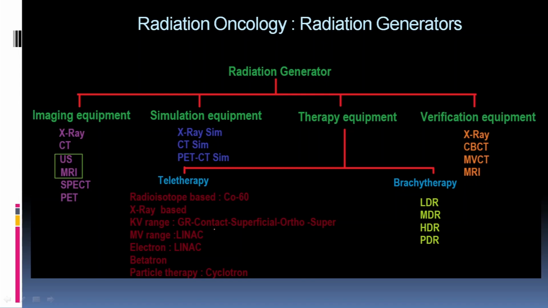This is also coming from the linear accelerator. We also use betatrons, and we also use particle therapy for cancer patients, where we use the cyclotron. In brachytherapy, we use low dose rate, medium dose rate, high dose rate and pulse dose rate types of brachytherapy units.